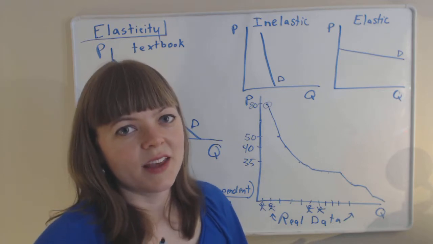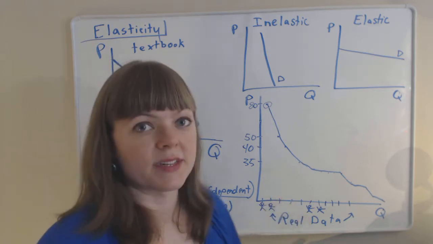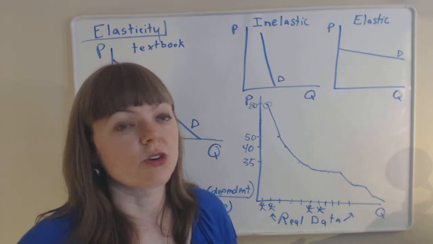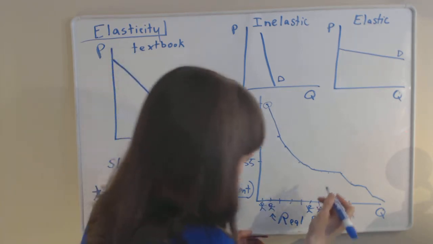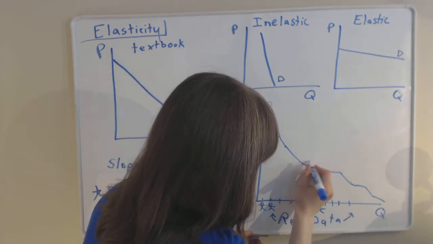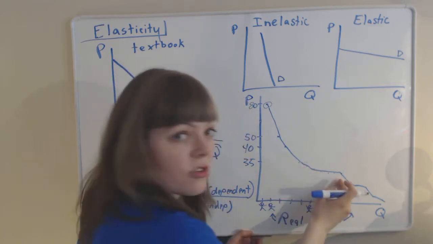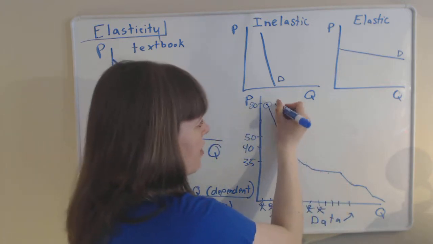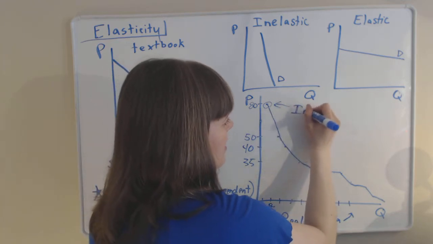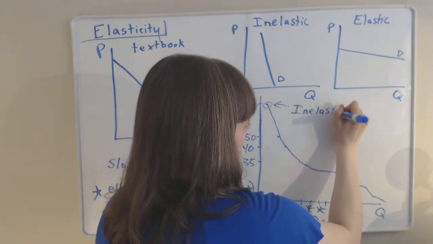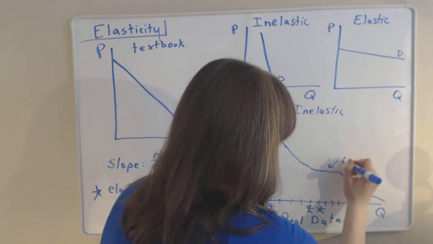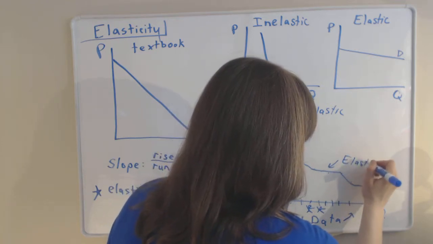Nobody's going to come in and buy it if you lower the price by $10 or by $8 or 10%. Whereas if you're up here at 35 and you lower the price by $3, you're going to have a huge increase in demand. So up here, the elasticity is fairly inelastic, and down here, the elasticity is fairly elastic.